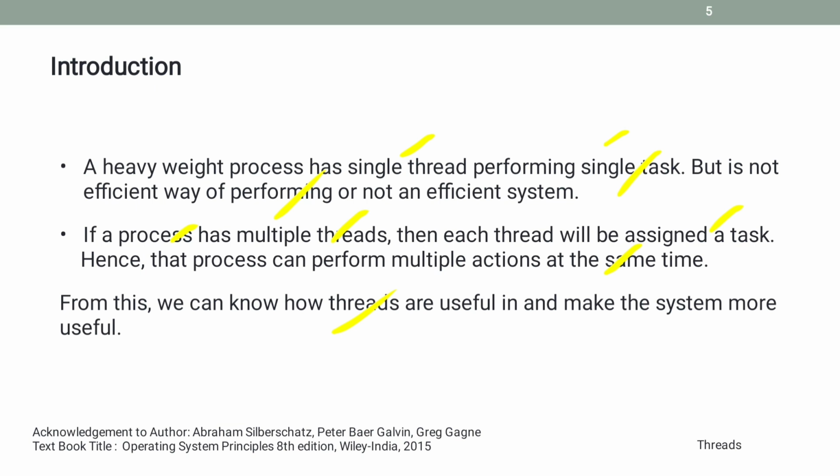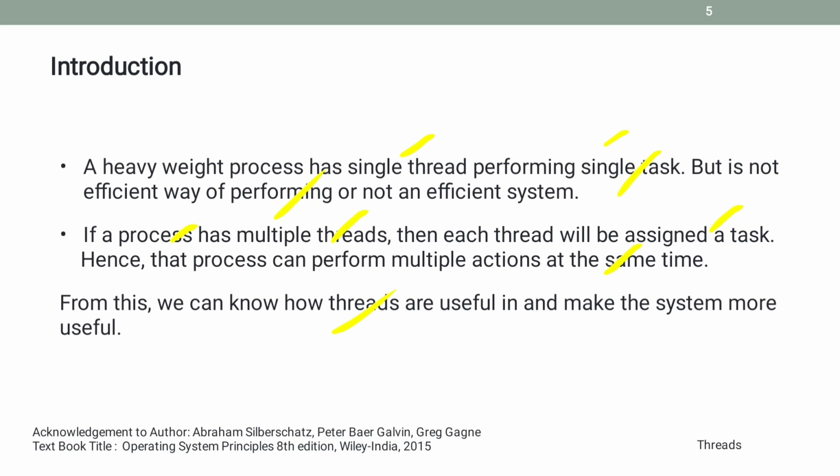Inside a process, if a single flow of execution is there, then we say that a single thread is there. By a single thread, only one task can be done. Suppose in the same process, several units of execution are there, meaning multiple threads, multiple flows of control.